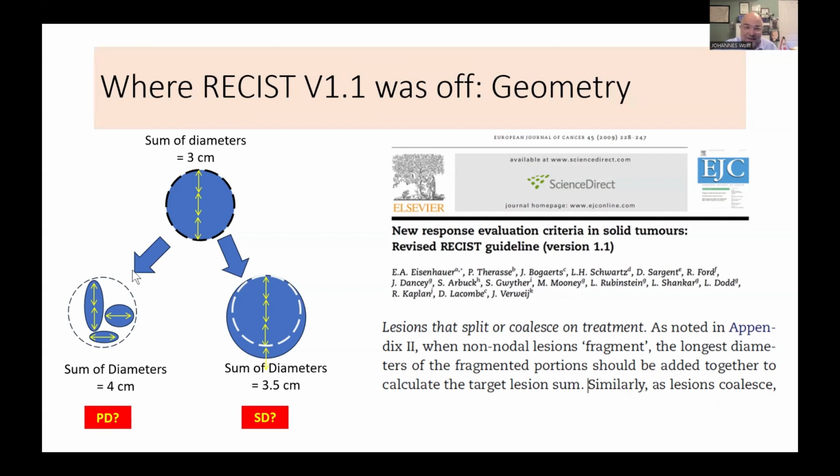This lesion did not progress. This lesion shrank. And in contrast, as another example, a little bit of increase here. This lesion would have grown from 3 centimeters to 3.5 centimeters, and that would be called stable disease. So if you follow those guidelines, you'll have one patient where the tumor falls apart because the treatment kills the cancer cells, and we call that PD.